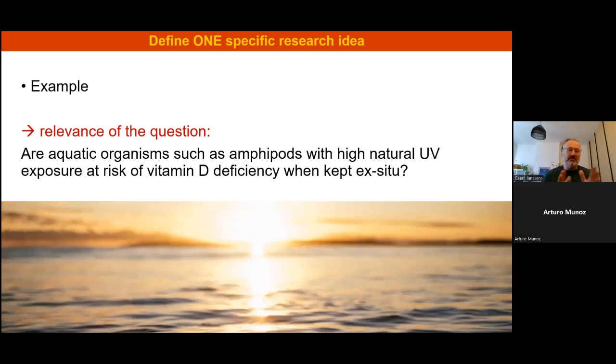You could ask, with the relevance of the question: are aquatic organisms such as amphipods with high natural UV exposure, like in Lake Titicaca, at risk of vitamin D deficiency when you keep them ex situ, when you start breeding them in other places than at high UV exposure? This can be quite relevant because if you want to promote the conservation of a certain species, you need to know what are the factors that can affect its life. Now, this is an example.